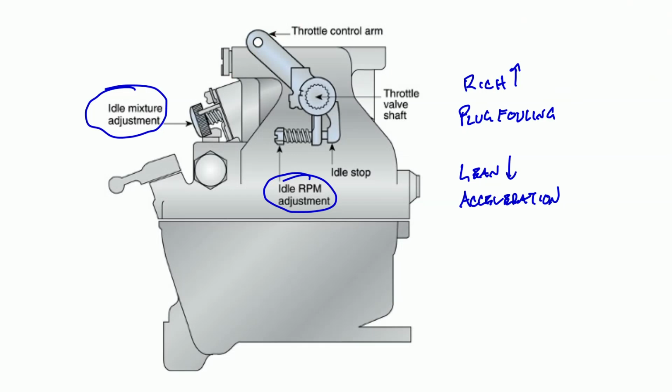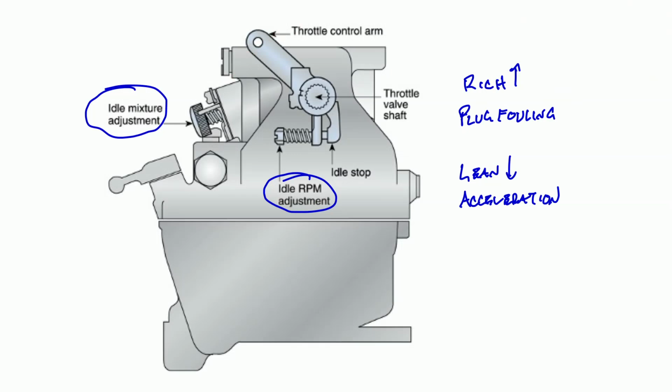But the problem is, if there's a big gap between our mixture setting at idle and where we need to be for the power band to come in, then what we wind up with is this weird hesitation in between. If you hit it really hard and the accelerator pump pushes fuel out, then it may mask it. But if we do a nice smooth acceleration all the way to full throttle, what you might notice if you're set too lean is that this first initial setting, as we come off of the idle stop, is going to try to catch up because we don't have enough mixture at idle to support that transition into the regular fuel metering circuit. So that's something pretty important as well.